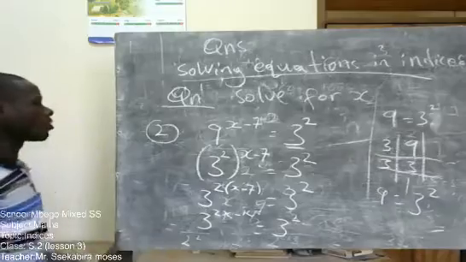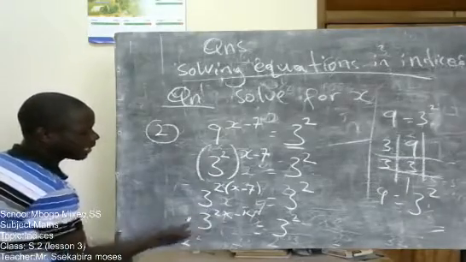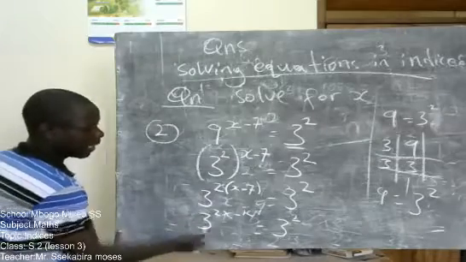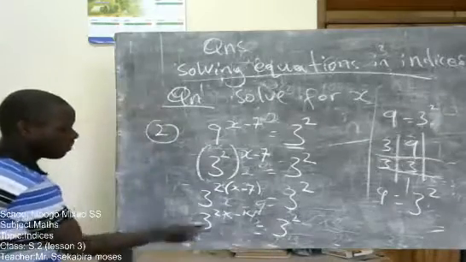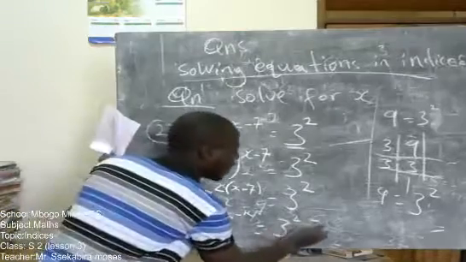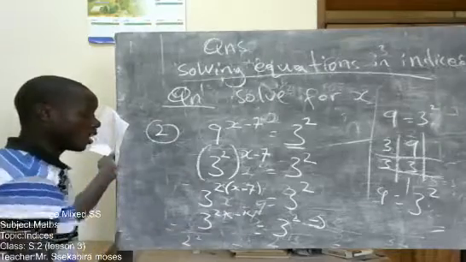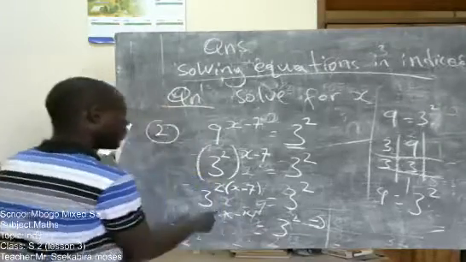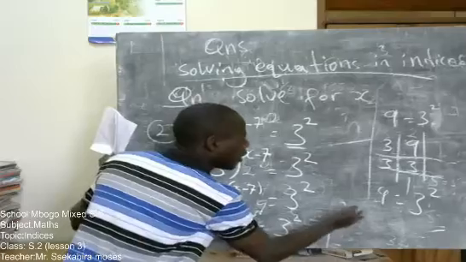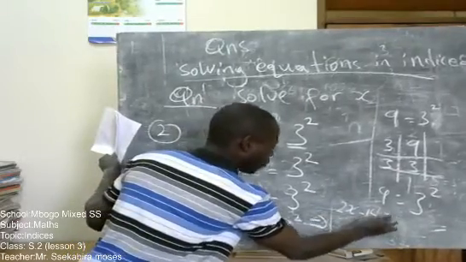Now the process you have gone through has made this base equal to the other base. We have base 3, so even the powers must be equal. This implies that since the bases are equal, the powers are also equal. So you remove the base, and here it is 2x minus 14 is equal to 2.